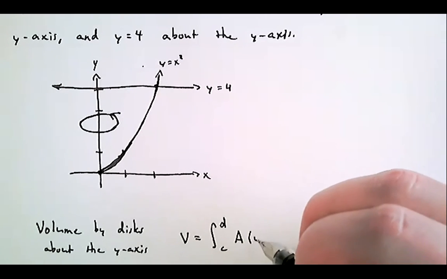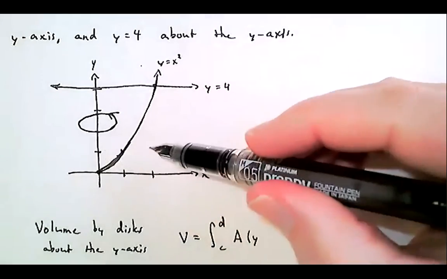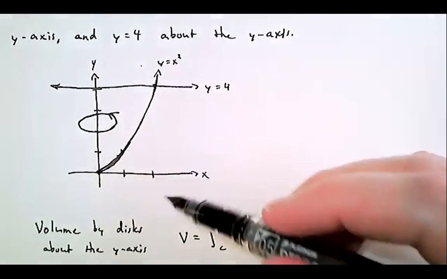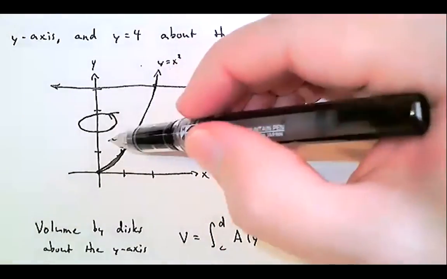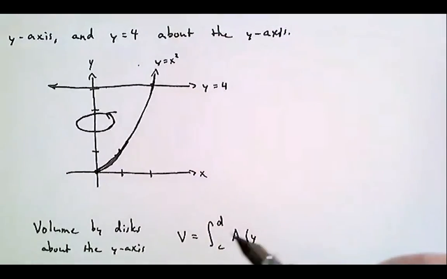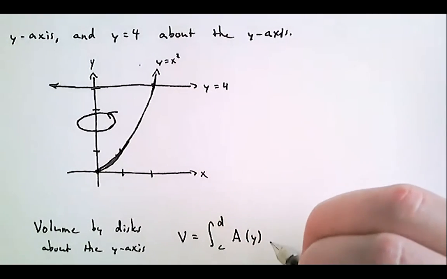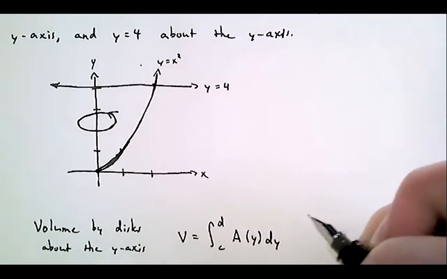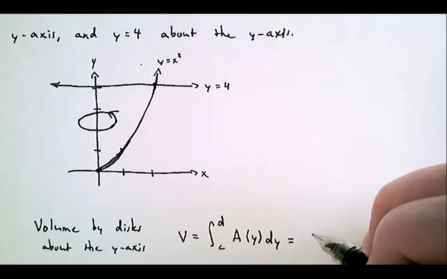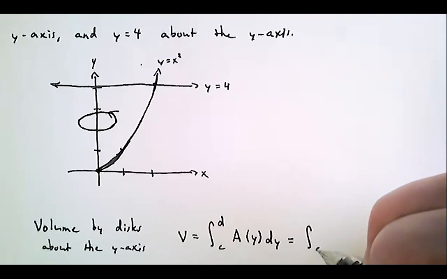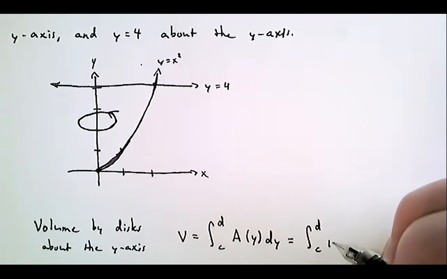But now instead of the area being a function of x, because we have slices this way, now it's going to be a function of y, because we're slicing across this way. So we're now integrating with respect to y, but we're still looking at disks. So it's still pi r squared.